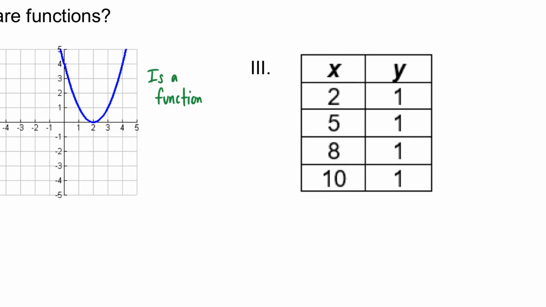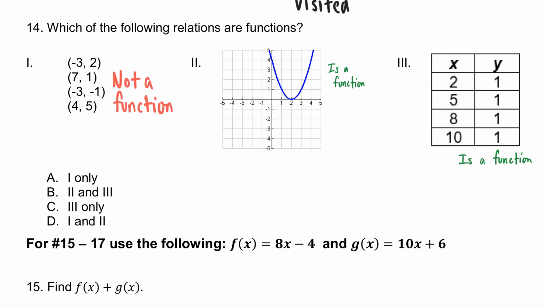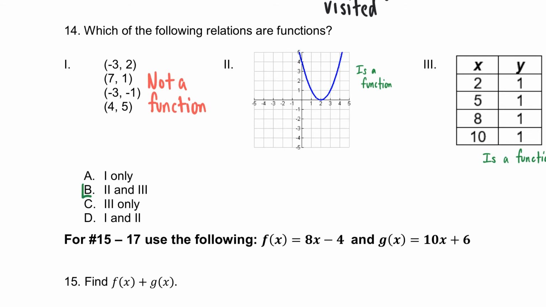That doesn't make sense. You can't have an input go to multiple different outputs. Okay? But as it is written, this is a function. All right, so let's answer our question then. The question is, which of the following relations are functions? So I would say for my answer here, 2 and 3 are functions, but not 1.